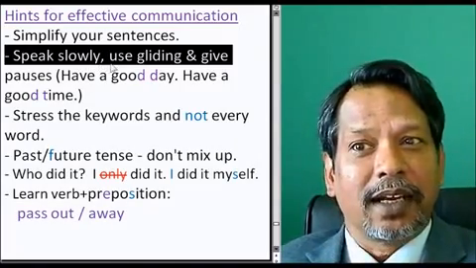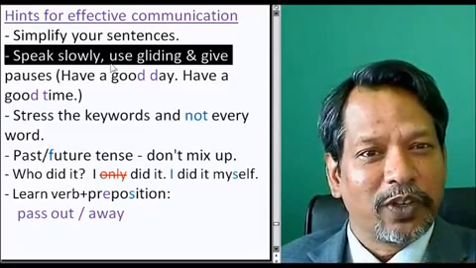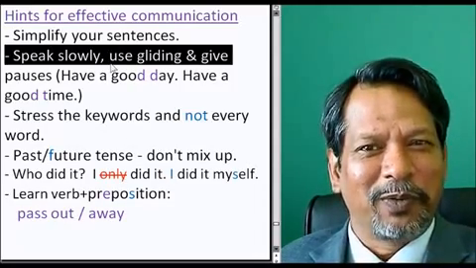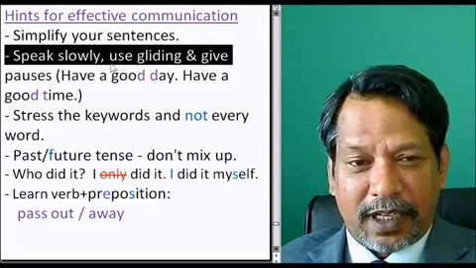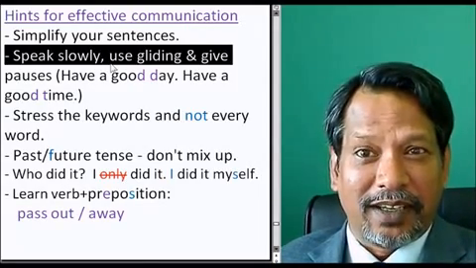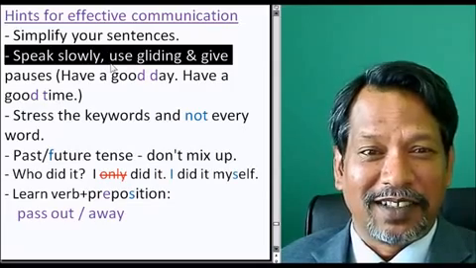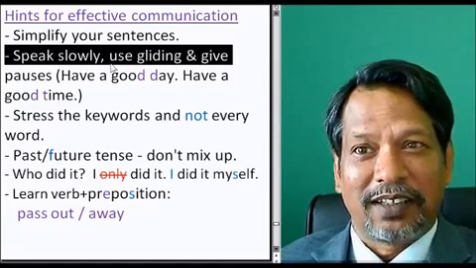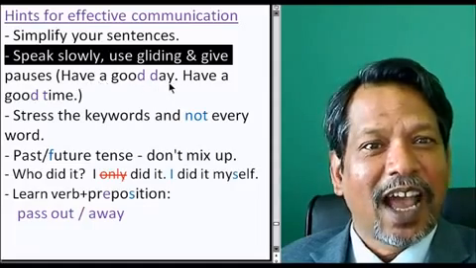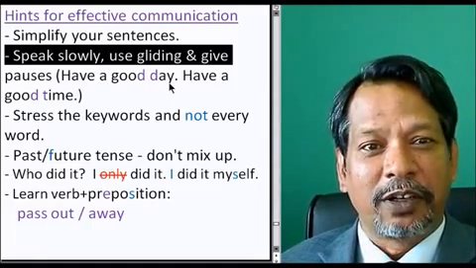Use gliding and give pauses. Gliding is when you join two words nicely and smoothly. Say a word ends in T and another word starts with D; you just glide them together. So, have a good day. Not "have a good day" word by word.